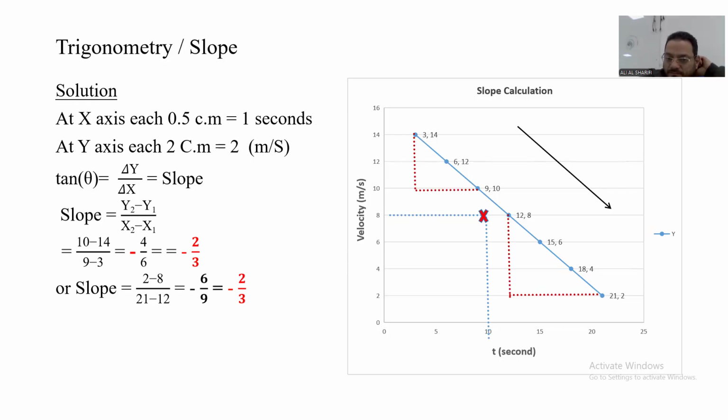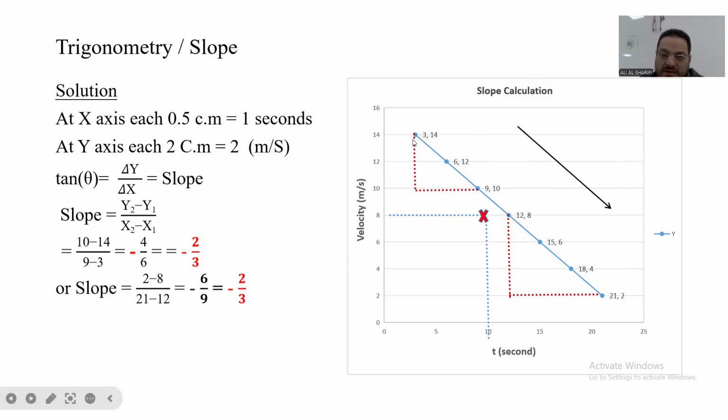By that, half centimeter, that means 2.5 centimeters is 5 seconds, and it goes like that. At the y-axis, each 2 centimeters equal 2 meters divided by second. That means each 1 centimeter equals 1 meter per second. You can write it in whichever way you want.